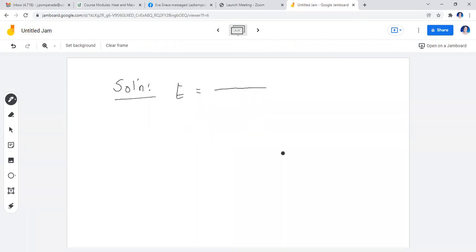Now, a while ago, we mentioned the free moisture content as the difference between the moisture content at any particular time and the equilibrium moisture content. So you can apply it here. So you have moisture content at any time minus, or the final moisture content minus the equilibrium moisture content, over the initial moisture content minus the equilibrium moisture content.